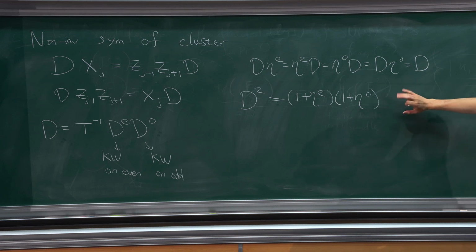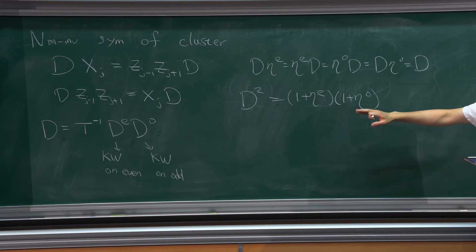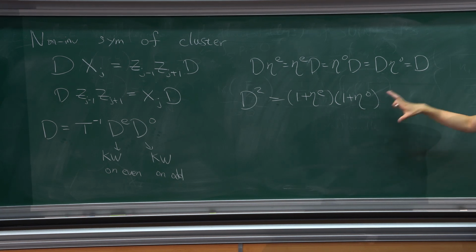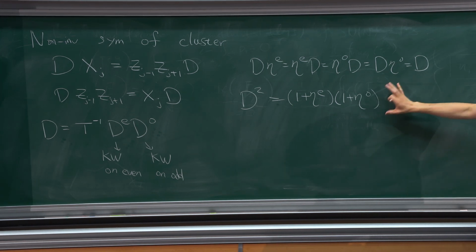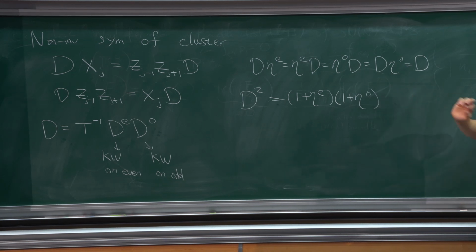This is to be contrasted with the Kramers-Wannier symmetry we talked about in the Ising model, where when you square it, you get 1 plus eta times the lattice translation. And we argued that in the Kramers-Wannier case, if you want the operator to act locally, there's no way you can get rid of the mixing with the lattice translation.